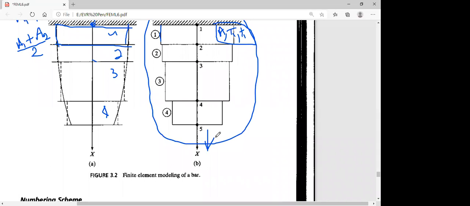Or else, if we apply a uniform compression load, the nodes move in the direction of the negative x-axis.